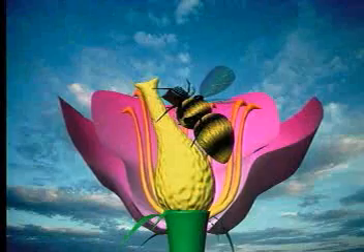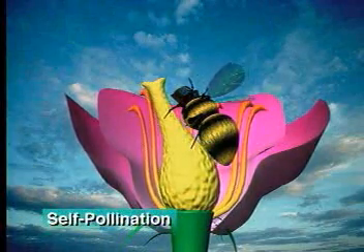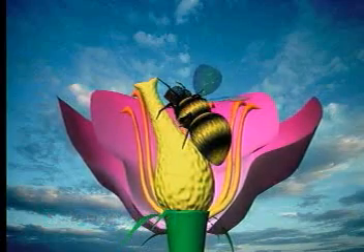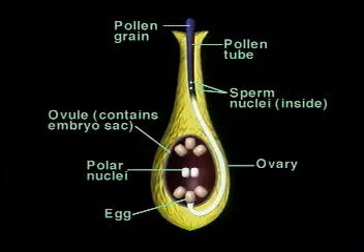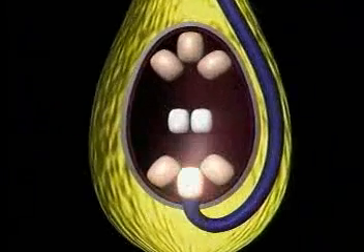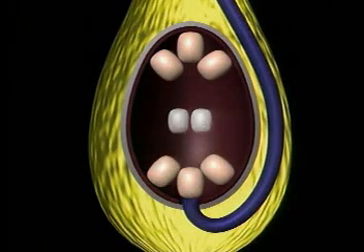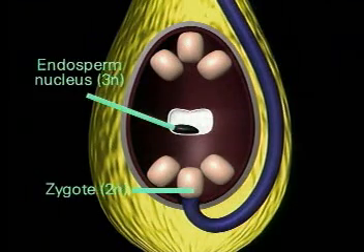A flower self-pollinates when pollen from the stamens is transferred by wind or insects to the sticky surface on the pistil. A pollen tube develops and grows down the pistil to the egg cells in the ovary. The sperm nucleus in the pollen tube combines with and fertilizes the egg cell.